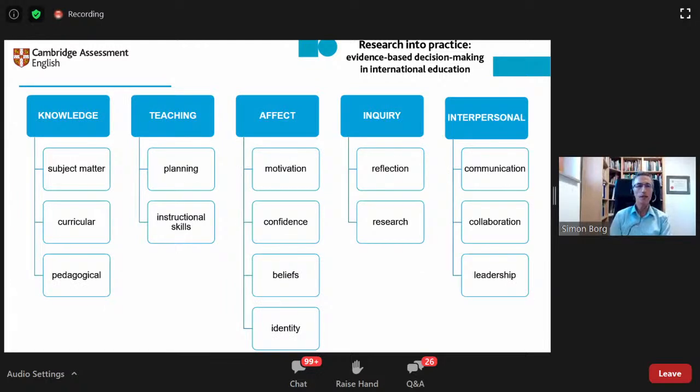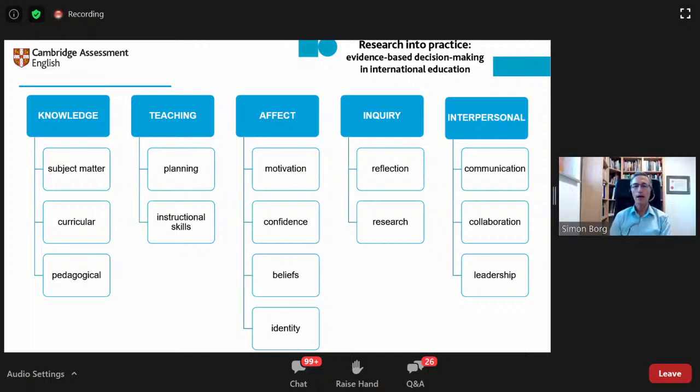Just to give you a flavor of the possibilities here, we don't need to go through all of this in detail, but along the top there, in the colored boxes, you can see different dimensions of teacher competence. There's aspects of teacher knowledge. The second box is the actual teaching skills, which is broken down into planning and instructional skills, and instructional skills in turn can be broken down into many different elements. There's the affective side of teacher competence: motivation, competence, beliefs, identity.